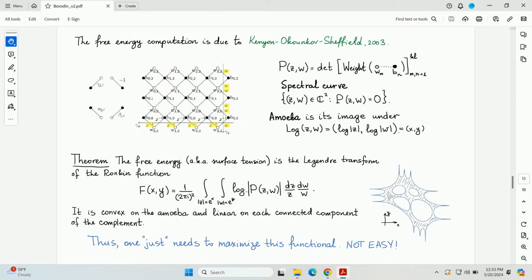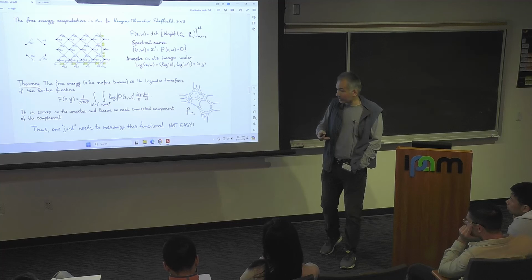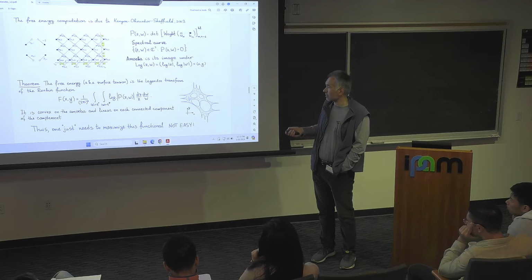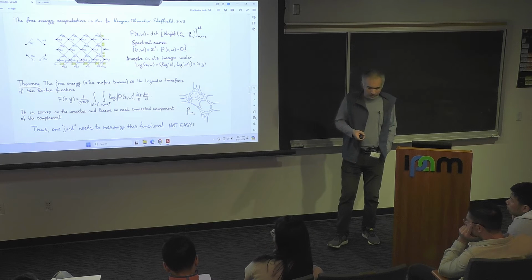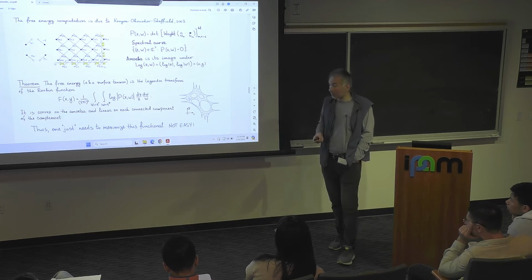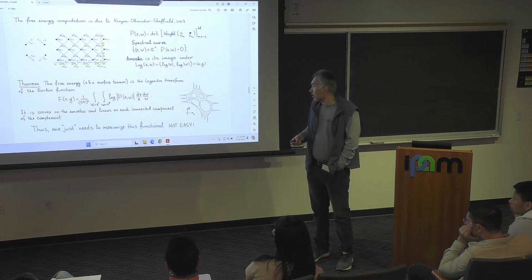And then there is a natural way to extract the surface tension or the free energy. Integrating that, one gets the functional that needs to be maximized, and this is the so-called Ronkin function of that algebraic curve, also related to what's called Mahler measure in number theory.